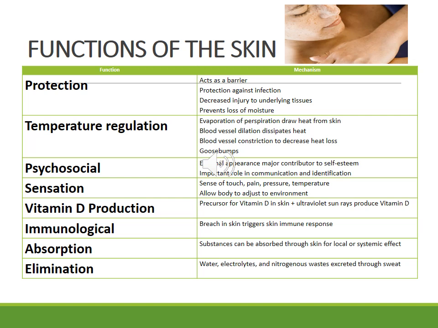We have many medication patches out there that we give medications through because we know the skin can absorb it through a patch type method. And then elimination. So water, electrolytes, and different waste is excreted through our sweat. So it does have many, many functions. I highly recommend, as you're taking notes here, that you kind of star this information so that you are aware of the different functions that skin has.